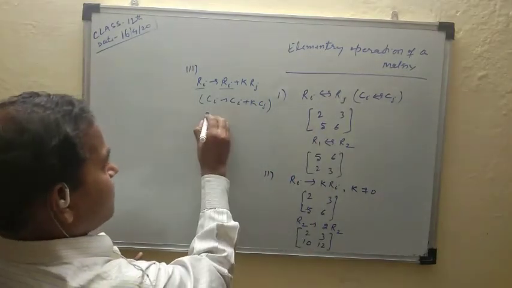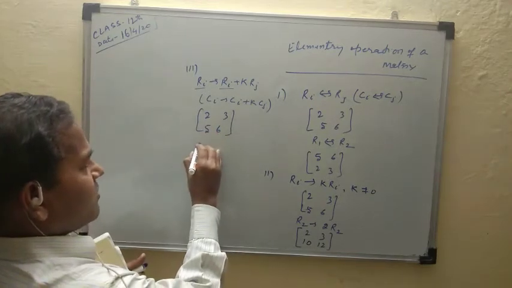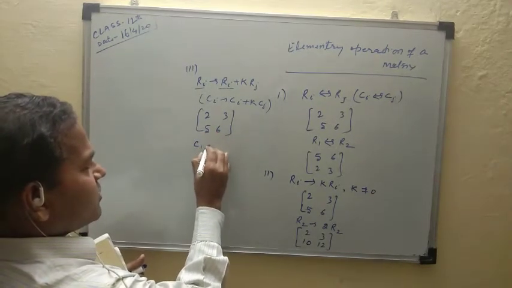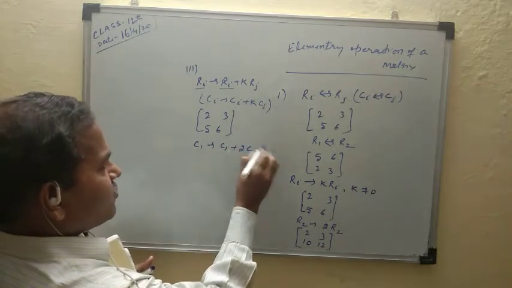Suppose the same example, 2, 3, 5, 6 is the matrix, and here we use C1. C1 changes into C1 plus 2 C2.